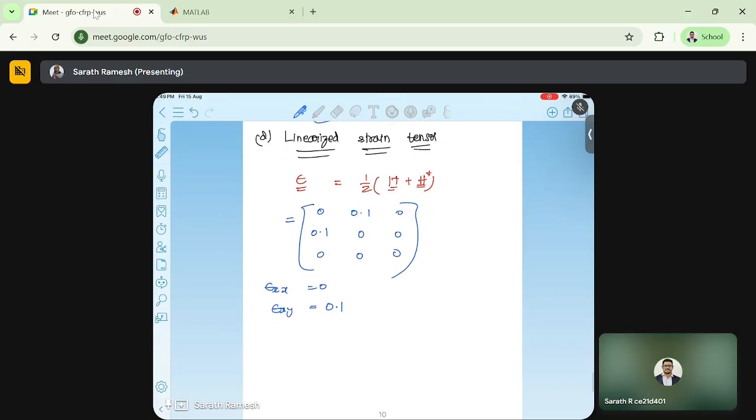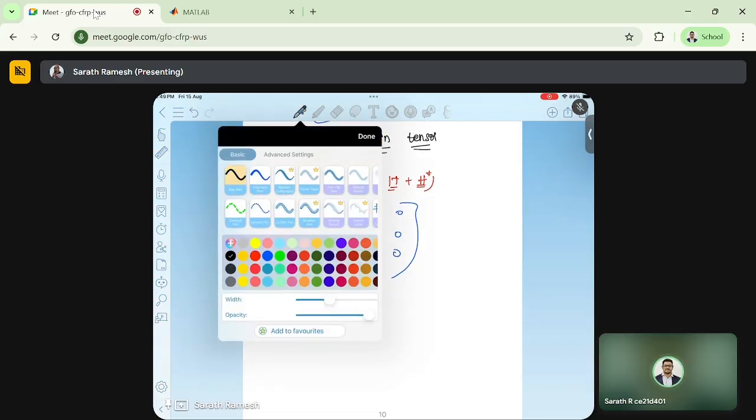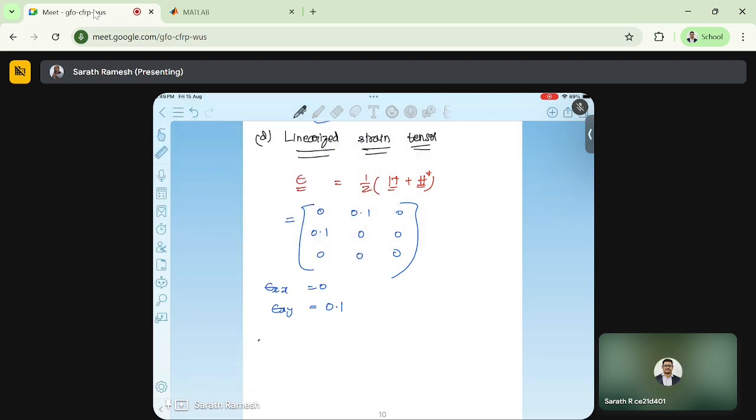And fifth subdivision, they are asking the stretch ratio.